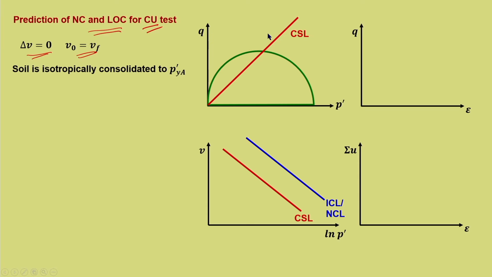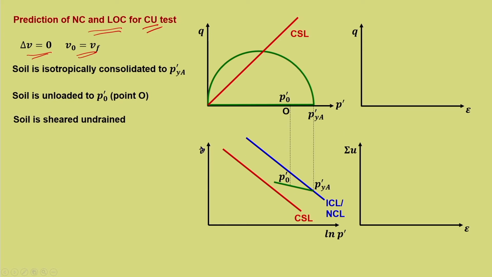The soil is isotropically consolidated to P dash Ya, then unloaded to P naught dash, that is point O. Now, that is mapped onto V ln P dash. I do not think we need any further discussion on this. Soil is sheared undrained from point O. ESP is denoted as OBCF. So, till B the response is elastic.